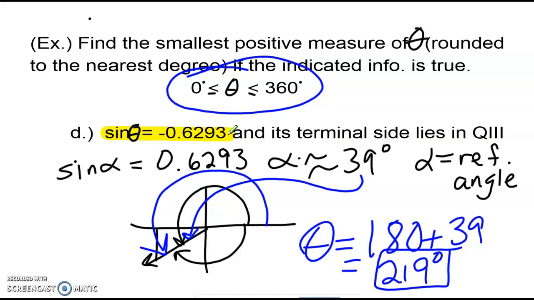There are different angles in the coordinate plane that would have that value, but we want the one that lies in quadrant 3. So we have to find the reference angle. In order to do that, we have to let that sine value be positive, and inverse sine, get our reference angle of 39 degrees. Knowing that it ends in quadrant 3, we're going to plug that 39 plus 180 to get 219 degrees. Awesome. Let's do the next one.